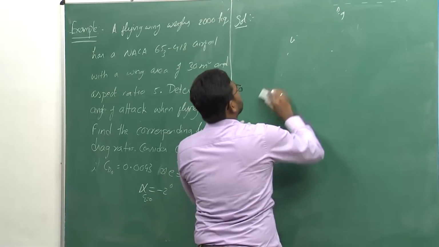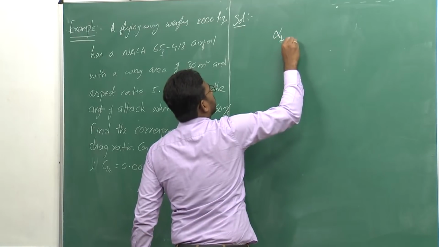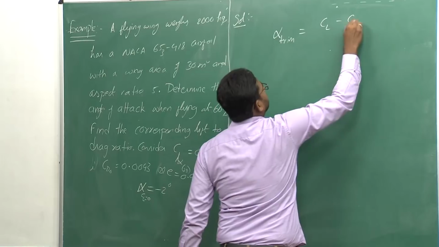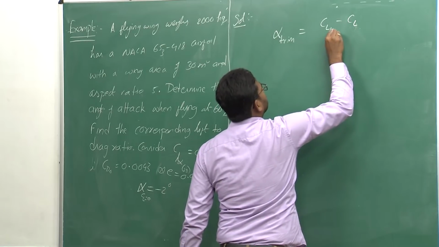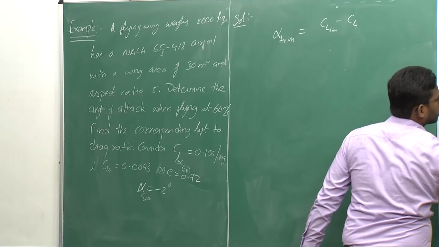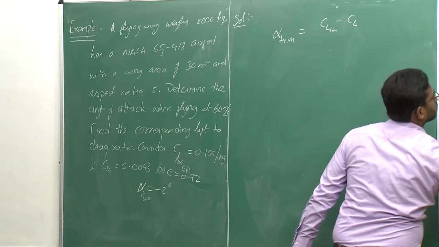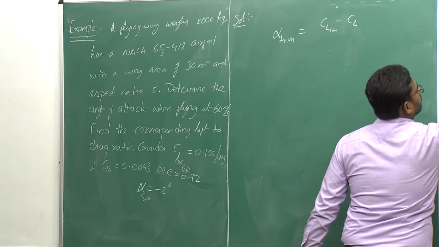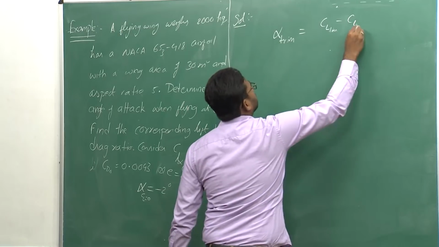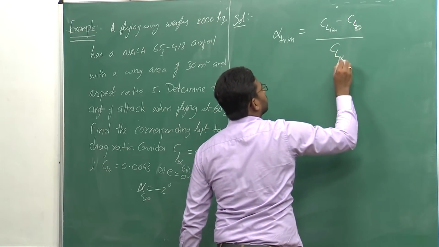Now the corresponding alpha trim is, from this equation, CL trim minus CL naught, divided by CL alpha.